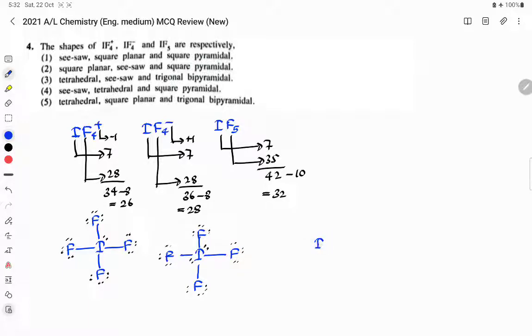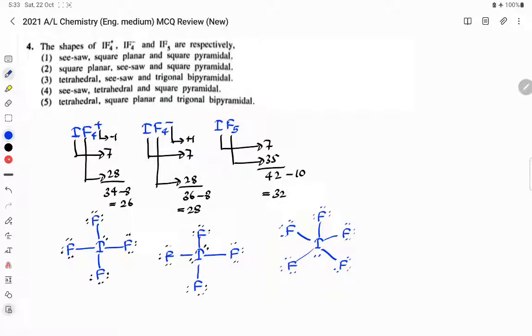So iodine has 5 fluorines. We can put 30 electrons on the fluorines. Each fluorine gets 6 electrons. There are 5 fluorines, so 30 electrons. A lone pair is remaining on the iodine. So that's how we should draw the Lewis structures.